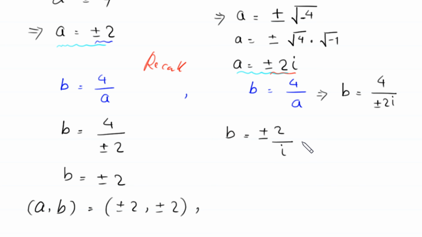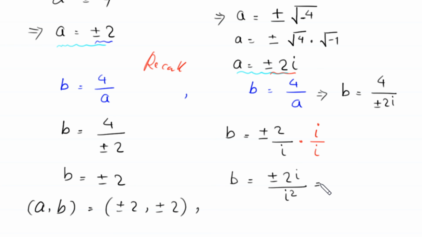Now from here we multiply and divide this expression by i. So b is equal to plus minus 2 times i, plus minus 2i divided by this i times this i will become i squared.